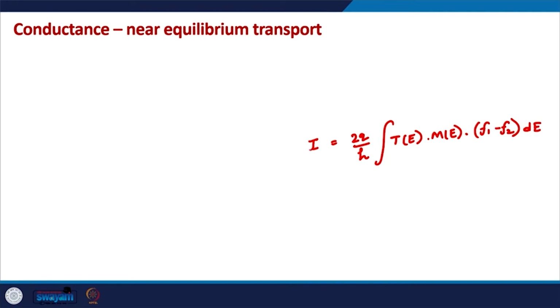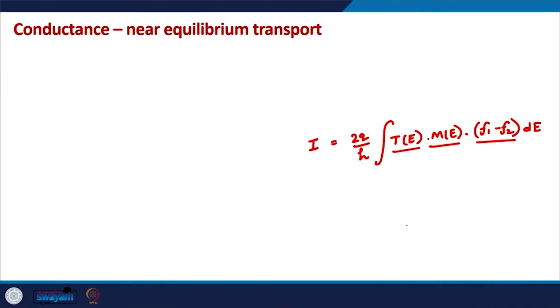In this equation as well, you can see there are broadly three terms: one is Te, second is Me, and third is F1 minus F2. These three terms account for different physical phenomena that go into the current conduction. Te accounts for the scattering of electrons in the channel, and that is why Te is equal to 1 in case of ballistic transport, because in ballistic transport there is no scattering.